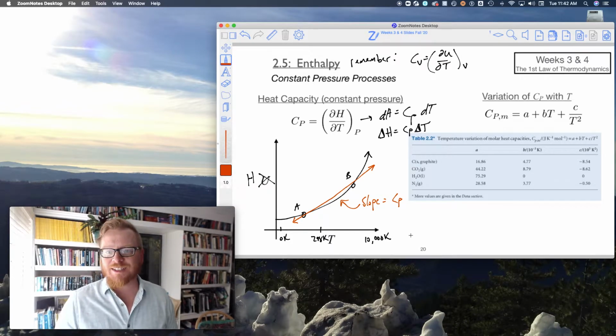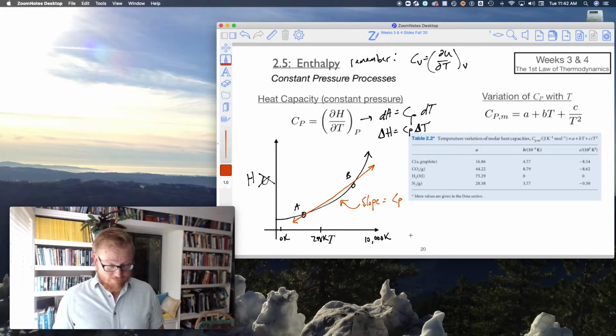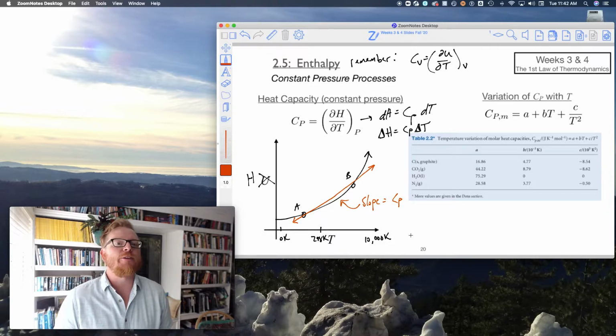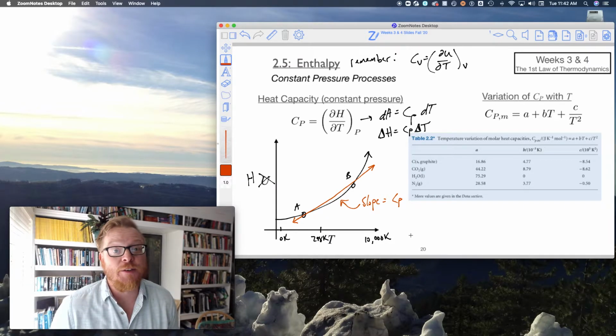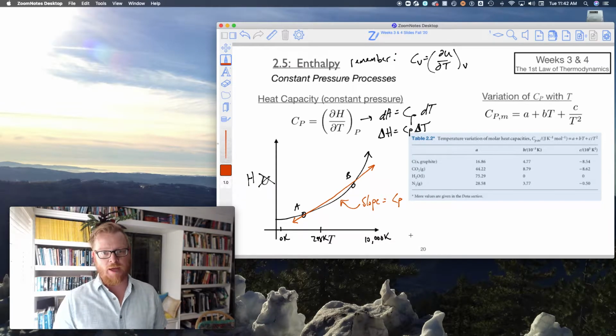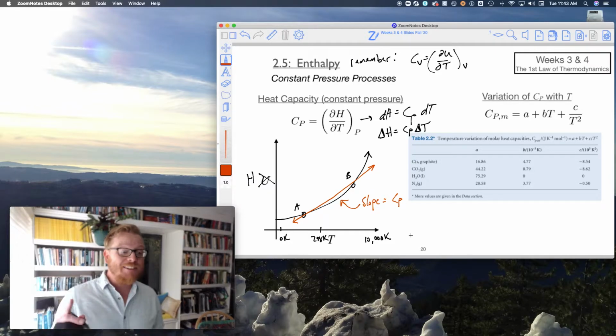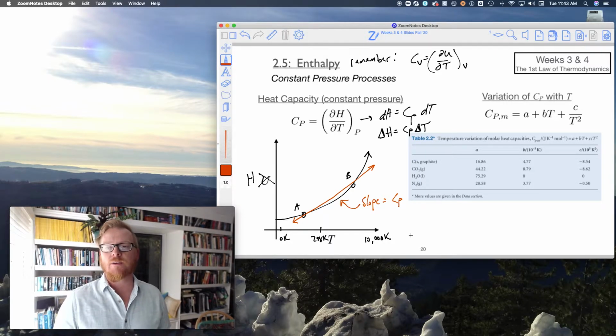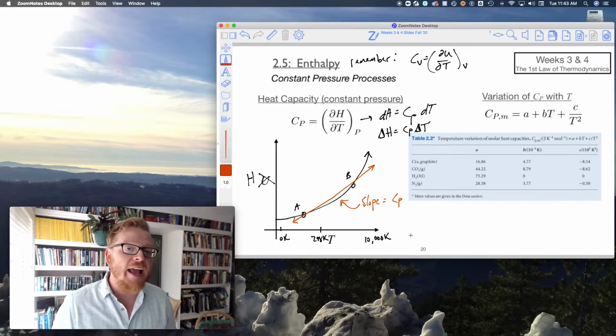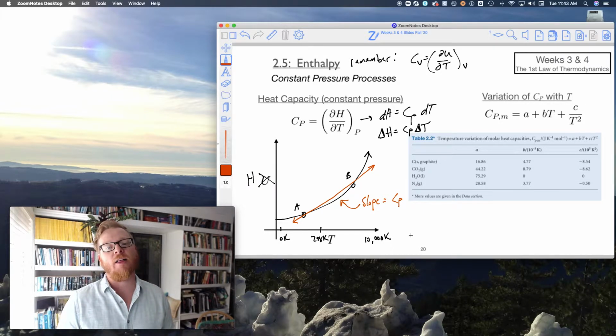So as it turns out, we're far more sensitive to CP in the lab when we're doing measurements, because it's very difficult to actually fix the volume of something. Even for a liquid or a solid, we talk about those being incompressible fluids. As we're going to talk about in this section, you can change the volume of a solid and liquid just ever so slightly.